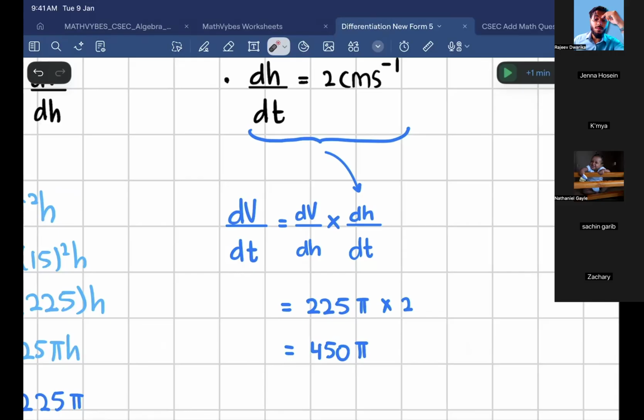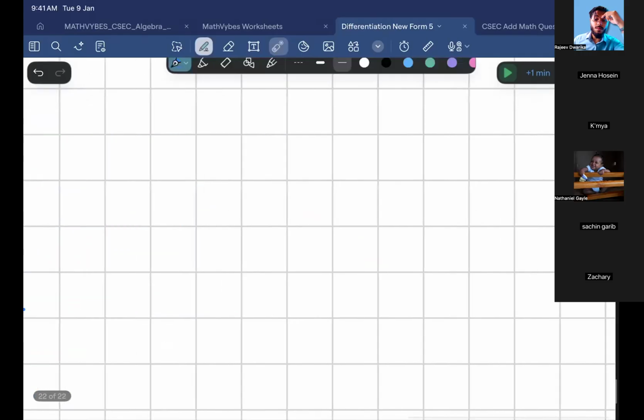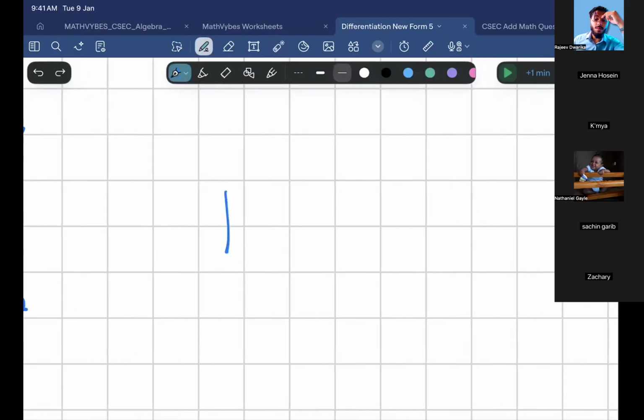I don't really fully understand that. Let me show you. Imagine you have a cube here, and each dimension is 1 centimeter. How would you find the volume? 1 by 1 by 1.